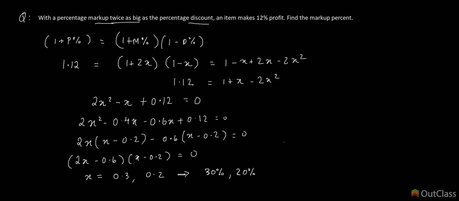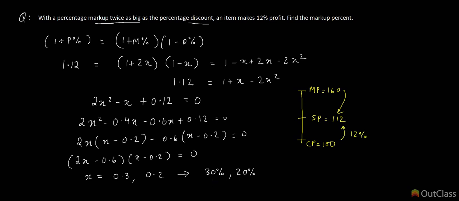Are both of these values valid? We can just quickly check them out. So if we had a CP of 100, the first solution we got was 30% discount after 60% markup. So that's a mark price of 160, and then you're reducing it by 30%. That's basically multiplying by 70%. That will get you to a sale price of 112, which gives you 12% profit.